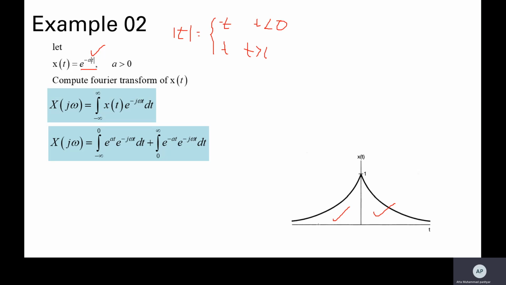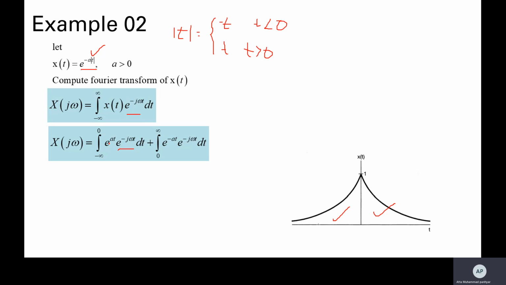So we are applying the same definition here. You can see the original signal is e to the power minus a, and because we are dealing with minus infinity to 0, meaning t is negative, we multiply another minus with this t, and minus into minus gives plus, so e to the power plus at times e to the power minus j omega t from this equation. And from 0 to infinity it is e to the power minus at times e to the power minus j omega t.